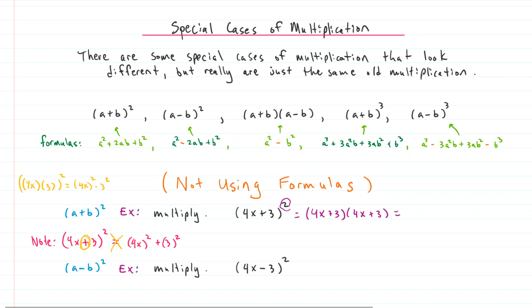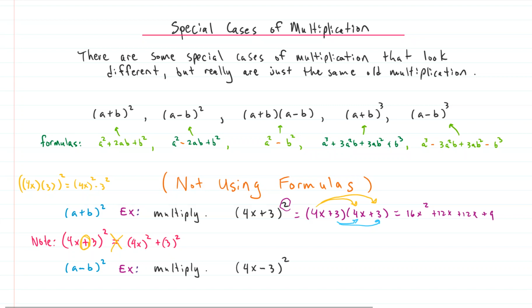We'll multiply the 4x through everything, and then we'll multiply the 3 through everything, just doing normal multiplication. Which gives us 16x squared, and 4x times 3 is 12x. 3 times 4x is another 12x, and then 3 times 3 is 9.